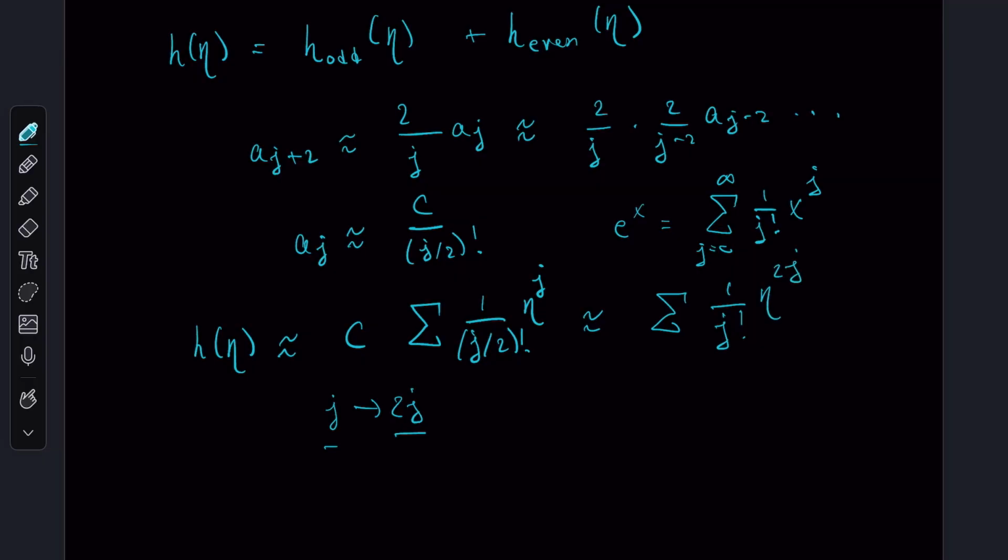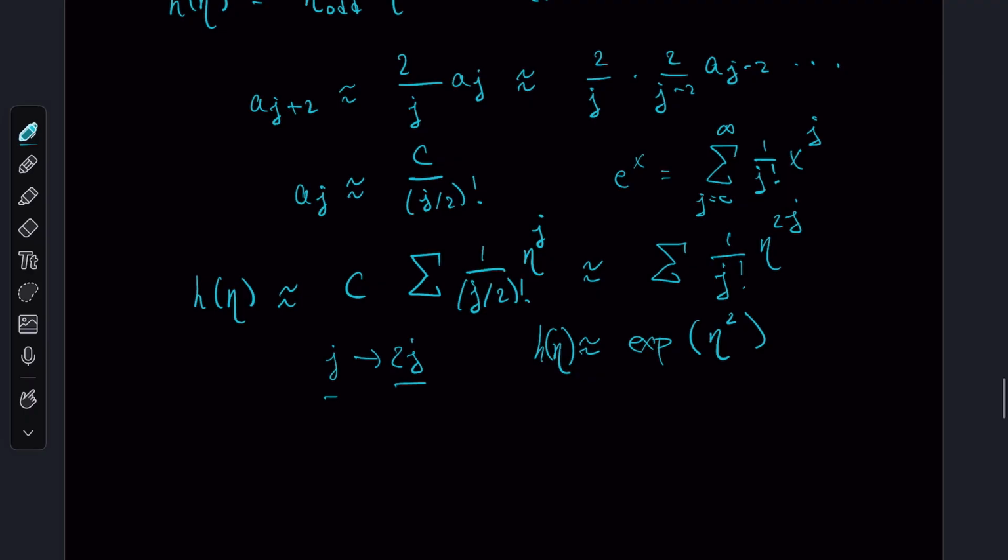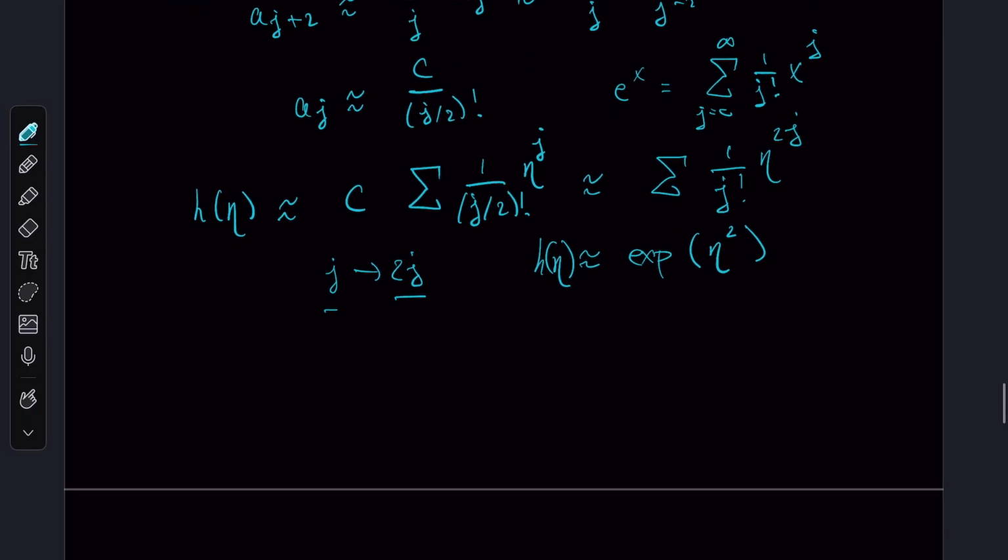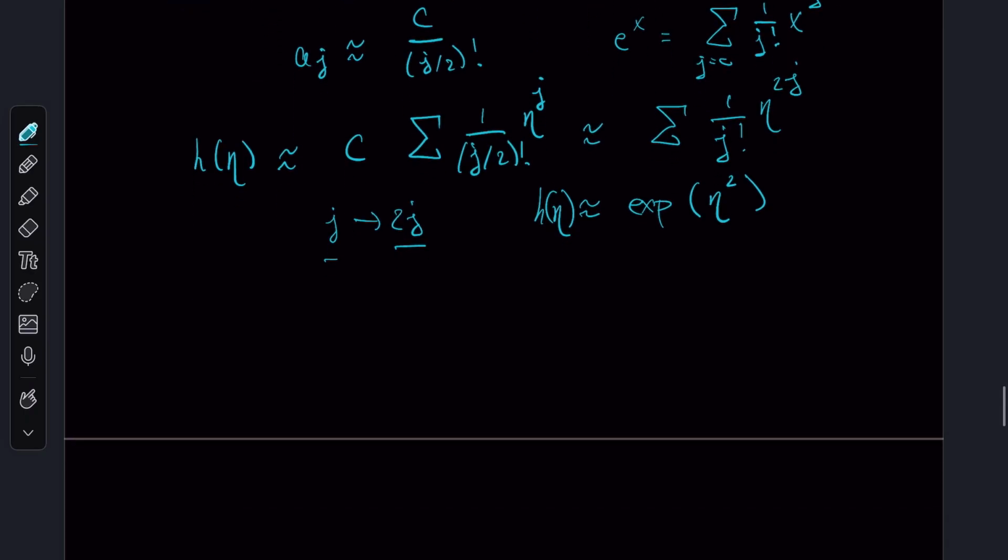So we know that h of eta at the very least is going to go like the exponential of eta squared. But this is actually a bit of a problem because if you remember, we defined our wave function to be h of eta times this other exponential, which is negative eta squared over 2.